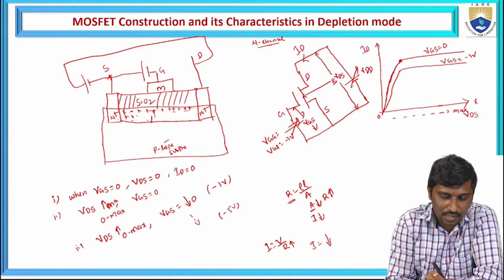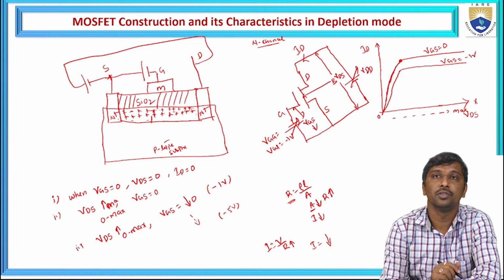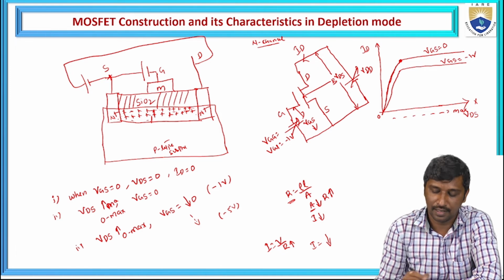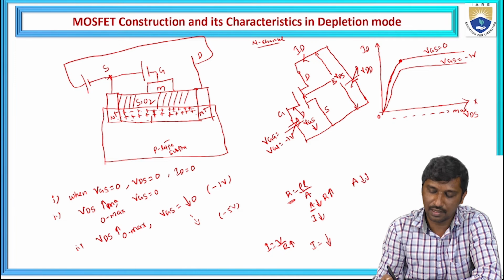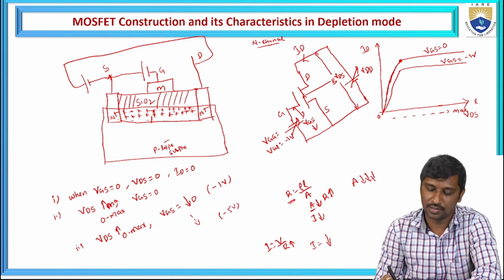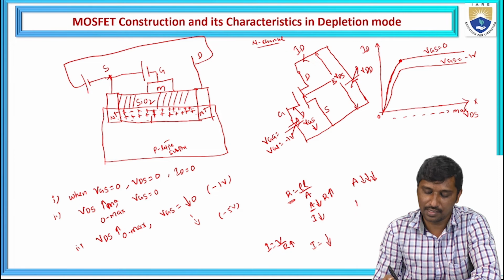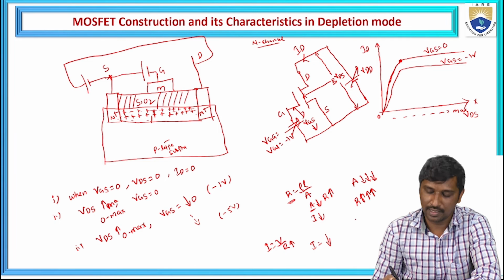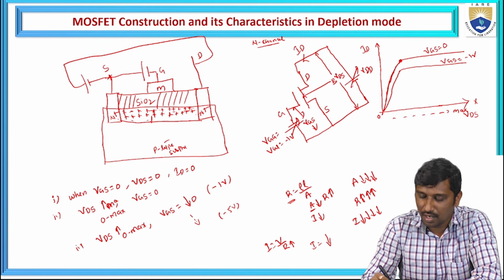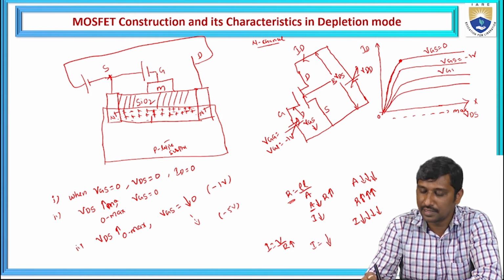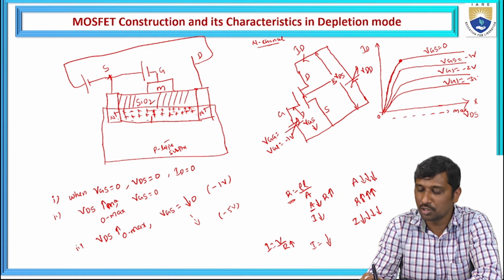Now it creates more positive charge in the channel, so the area is further reduced, the resistance increases more, and the current decreases more. Always when you decrease VGS from 0, the drain current is reduced. Likewise, when VGS is equal to minus 2 volts, minus 3 volts.